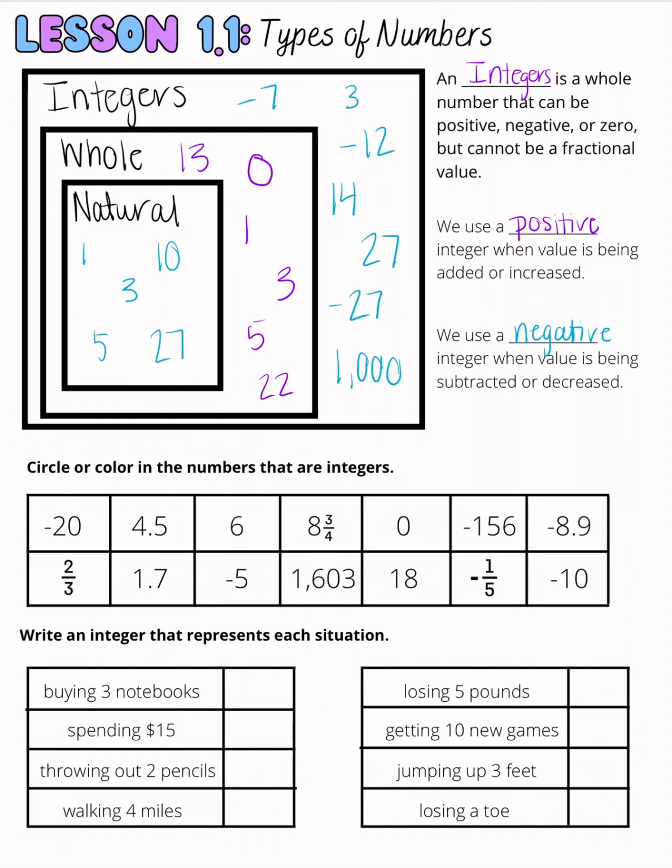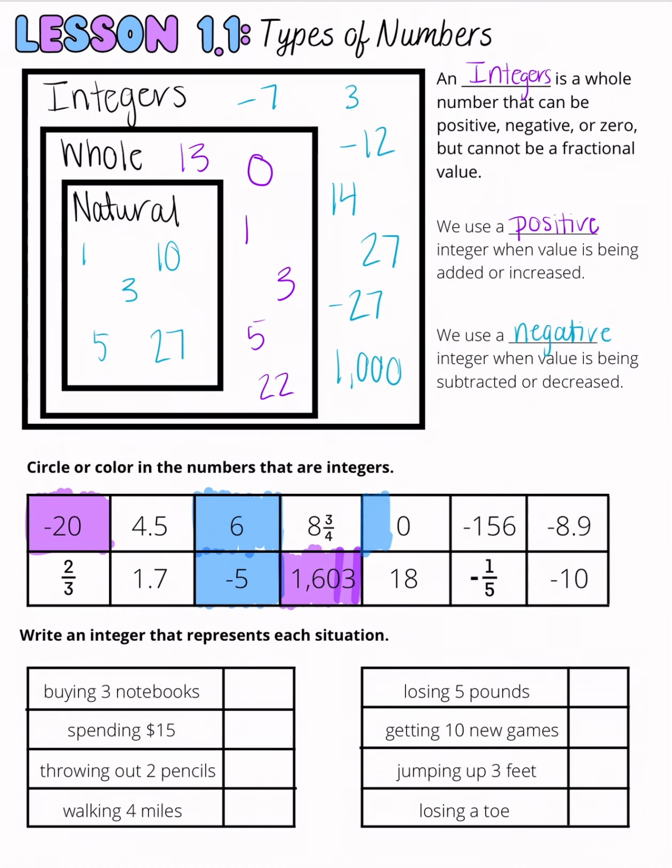So -20 is a whole number that is negative, so that is an integer. 2/3, that is a fractional value, so that is not an integer. 4.5, that's a fractional value, not an integer. 1.7, fractional value, not an integer. 6 is an integer. -5 is an integer. 8 3/4 is a fractional value, not an integer. 1,603 is an integer, okay, because it's a whole number. It's a bigger whole number, but it is still a whole number.